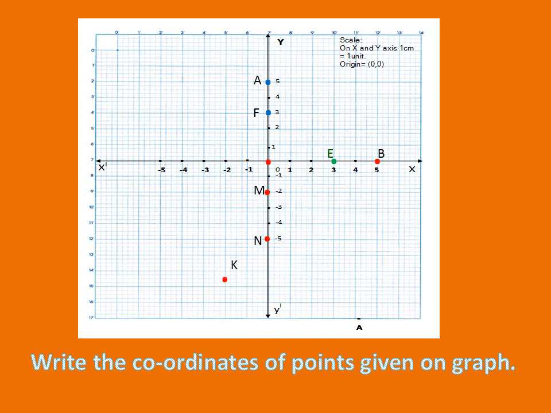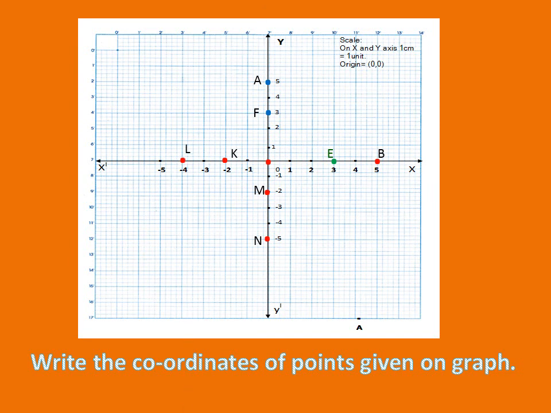Similarly F, similarly K. Now again, vertical line on the x-axis at -2, so x coordinate is -2, and horizontal line on the y-axis at 0. So y coordinate is 0. So the coordinates of point K will be -2 and 0.